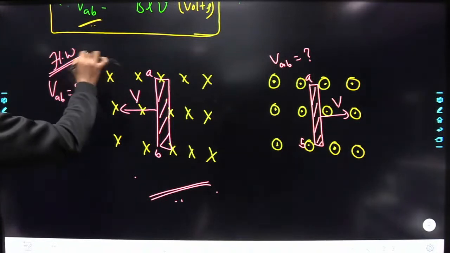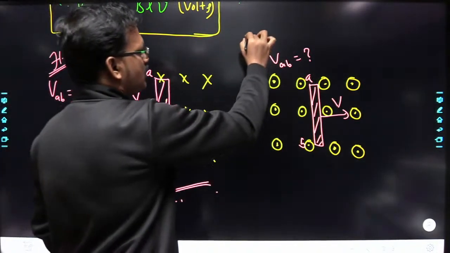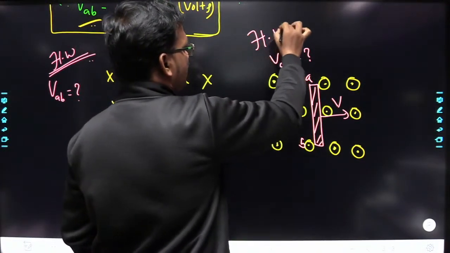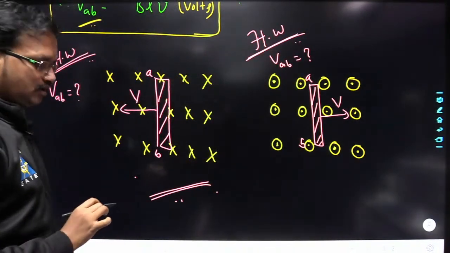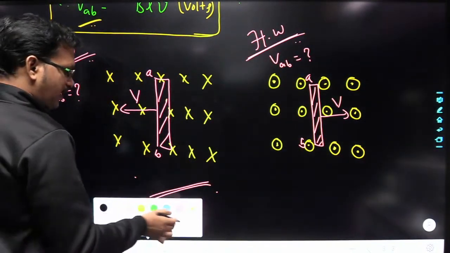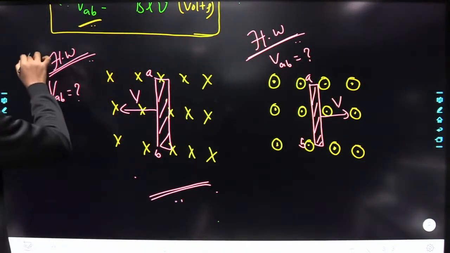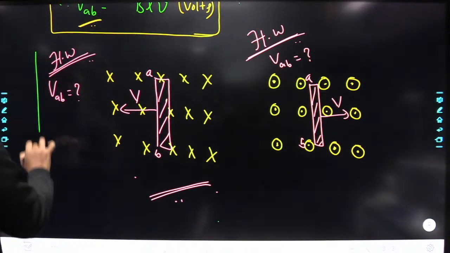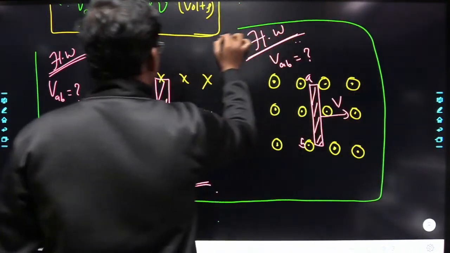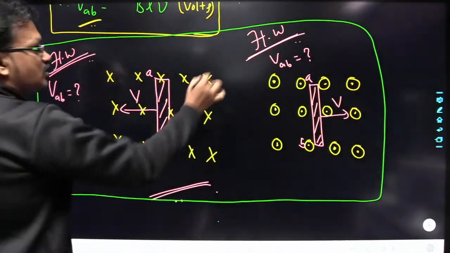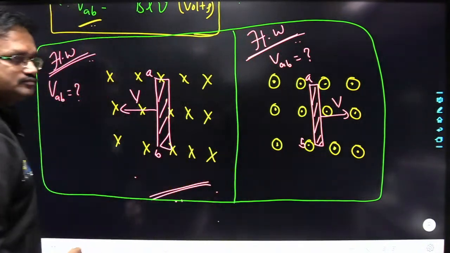See, if you do the homework problems that I am giving, then you are going to get crystal clarity on the topics. Whatever procedure I have followed, follow the same procedure and try to get the expressions for VAB.